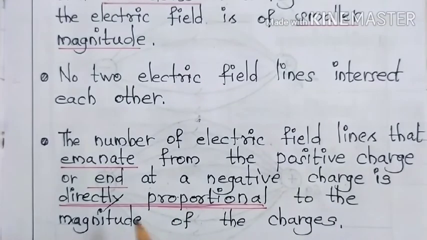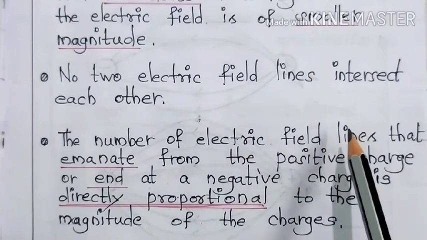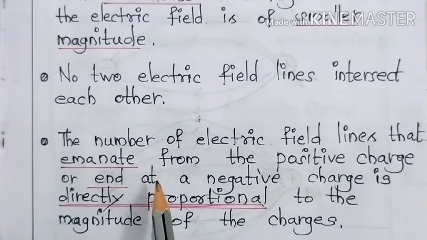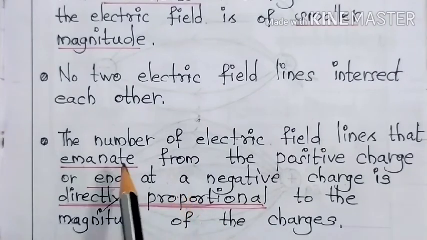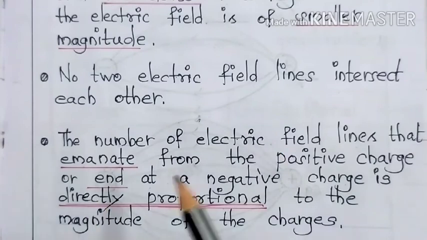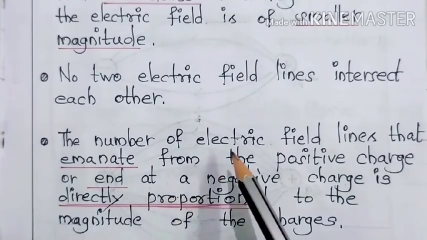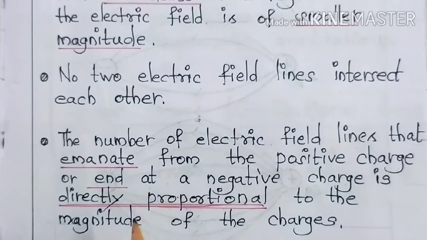It means if the magnitude of the positive charge or the magnitude of a negative charge is very less, then the number of electric field lines that come out or end at are also very less in numbers. In other words, if the magnitude of the charge is very high, then the number of electric field lines that come out of a positive charge is also more. That's the meaning of this point.